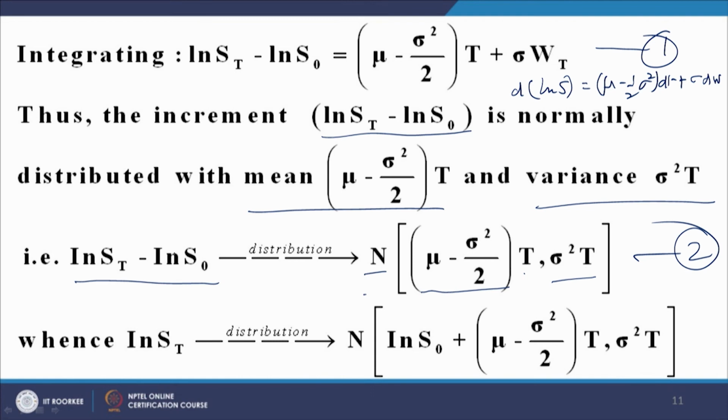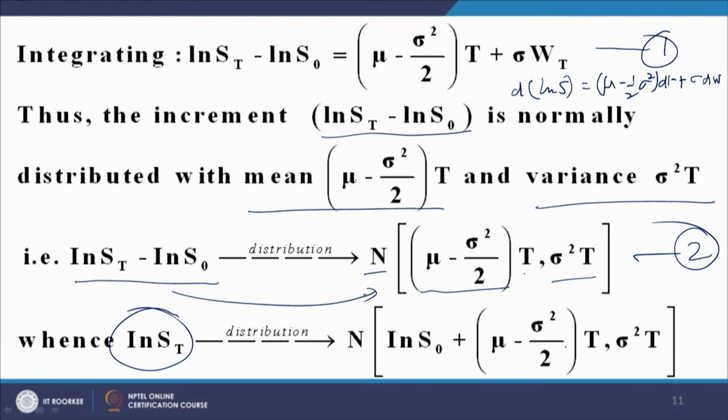Now, I can transpose this log of S naught to the right hand side within the normal distribution function, and therefore, I can conclude that log of S t is normally distributed with a mean of log S 0 plus mu minus sigma square upon 2 into t and a variance equal to sigma square t.